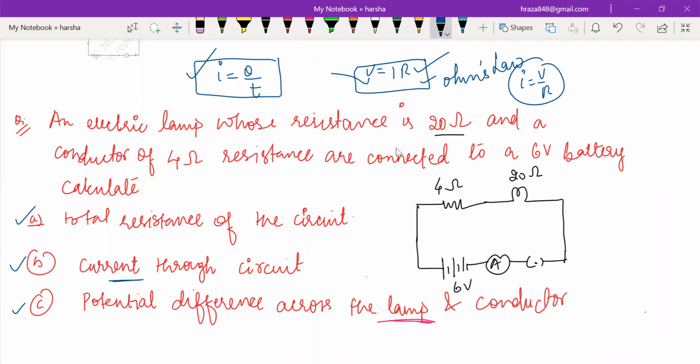So the answer will be in volt, right? Yes, it will be in volt. What is your answer for the 5 ohm electric lamp? 5 volt. Okay, what is the potential difference for the 4 ohm conductor?